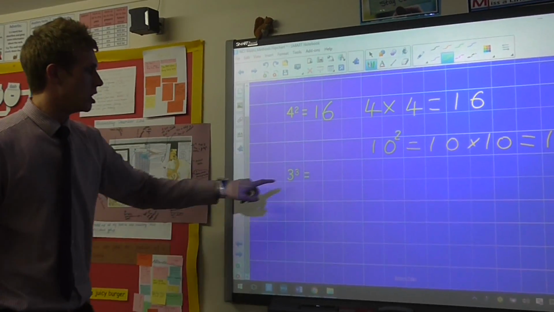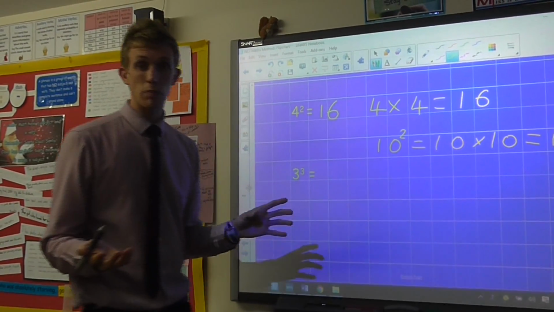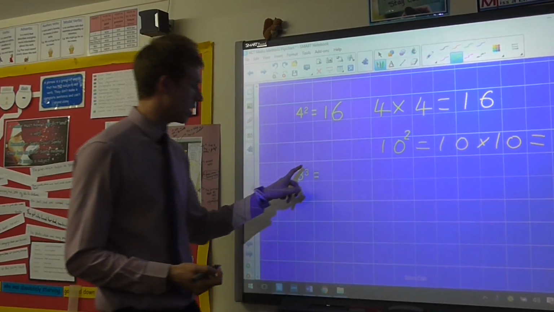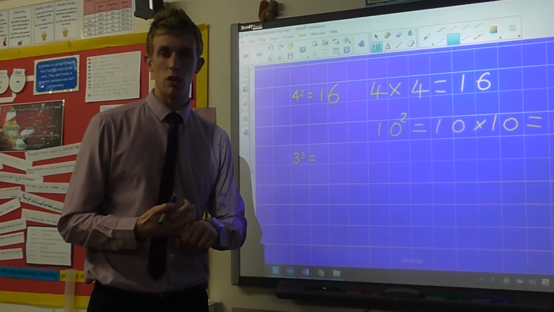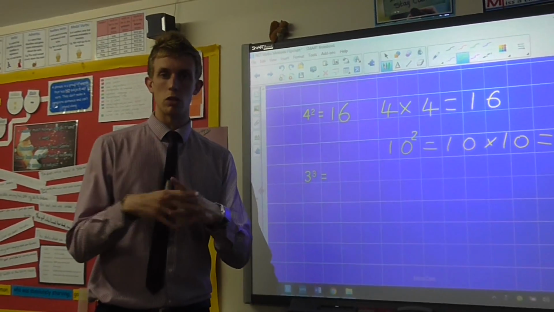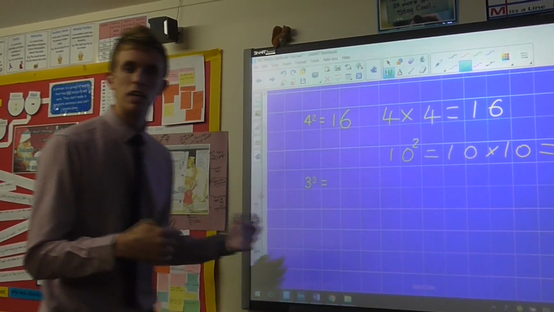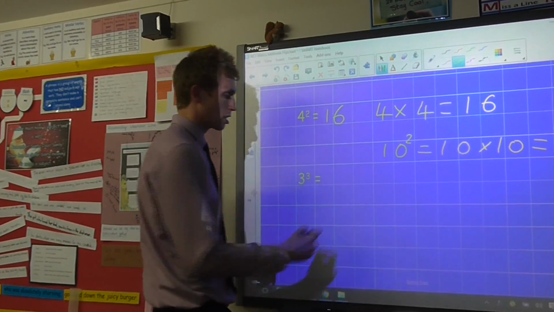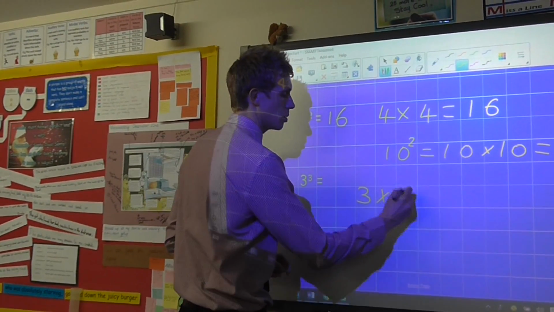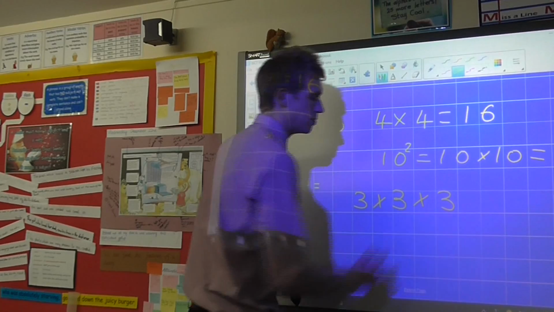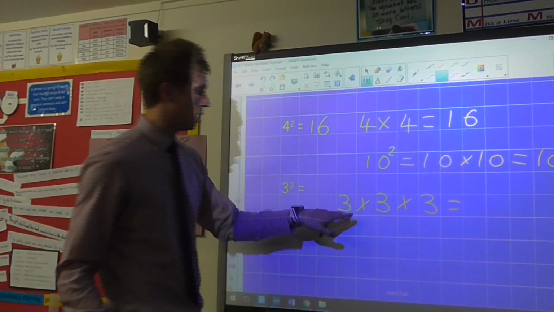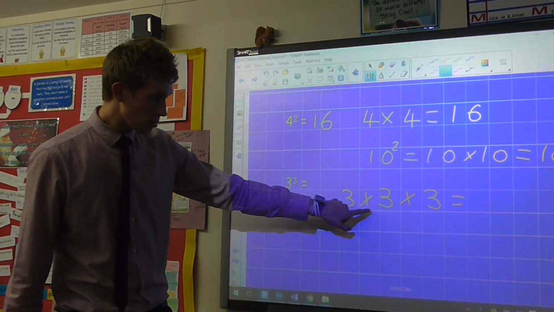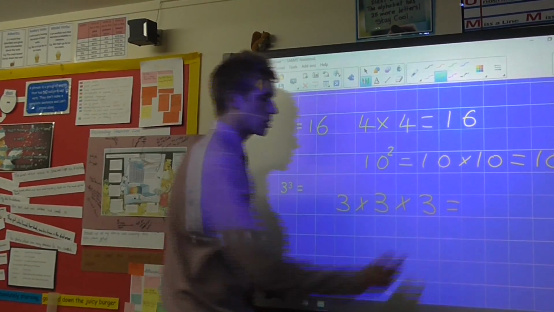Okay, cubed, same process, same sort of thing, except I've got a 3 instead of a 2, so I times the number that is there by itself 3 times. So I times 3 lots of that number together. So 3 cubed in this case would be 3 times by 3 times by 3. Alright, so I have to start with one of them. 3 times by 3 is 9. 9 times by 3 is 27.